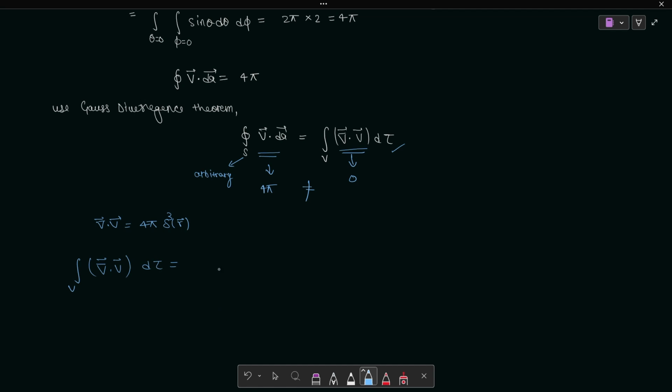So that will be nothing but 4 pi times the volume integral of a Dirac delta function which is centered at the origin. Now we know that since this whole integral is equal to 1, basically the normalization condition, this volume integral will be equal to 4 pi, which is exactly matching with the Gauss divergence theorem or the surface integral value. So that was the solution for this problem.